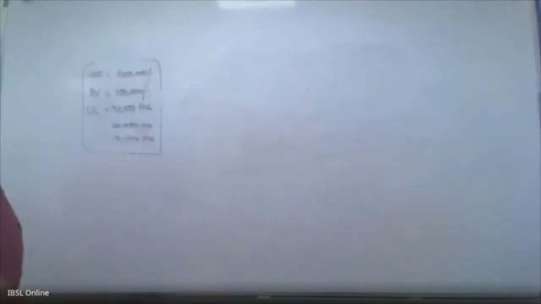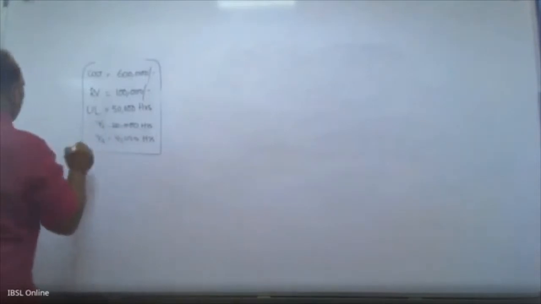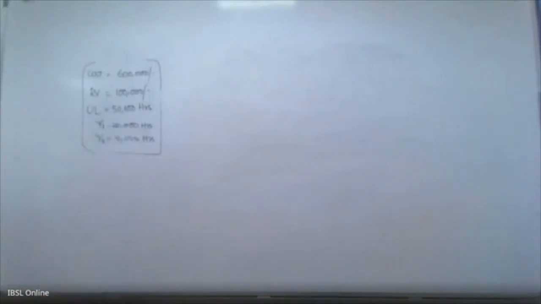So let's say this is for year 1 and this is for year 2. Don't worry here because they have not talked about the year of purchase, whether you need to do the prorate convention or not. All those information are not available. So you don't have to worry. If those are given, then you have to think about how you will do it.